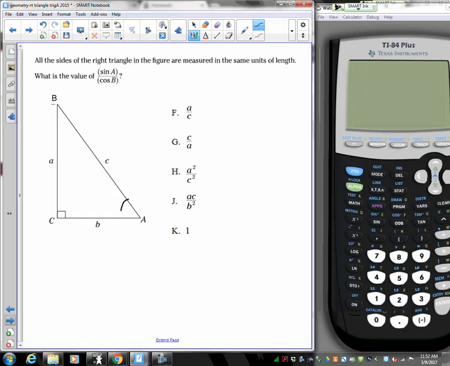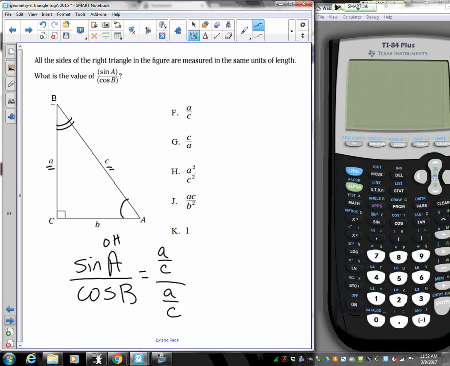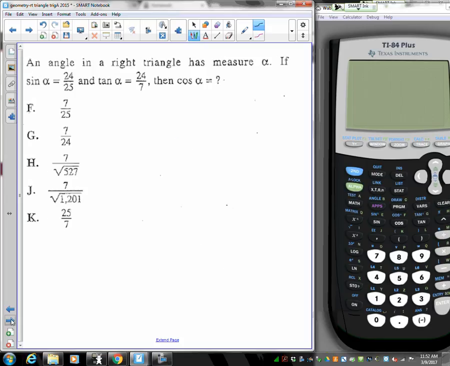Here's the A, and here's the B. So let's find the sine of A, and we'll divide it by the cosine of B. All right, so the sine of A, sine is opposite over hypotenuse, so that's A over C. And then the cosine of B, cosine is adjacent over hypotenuse, so that's also A over C. So if I have A over C, it's the same thing. Something over itself is just 1.